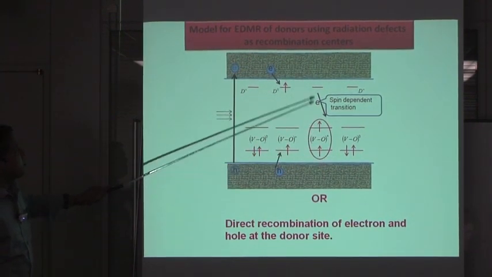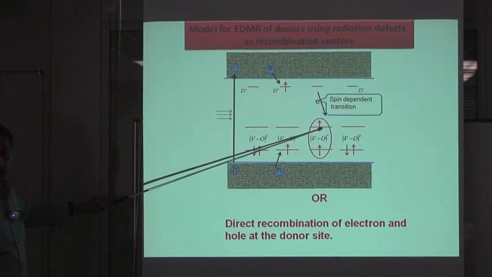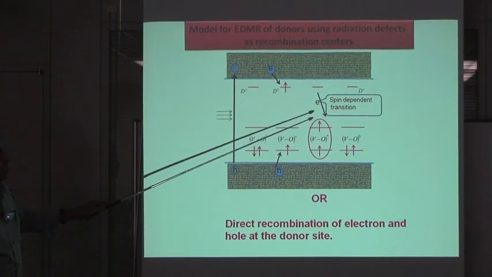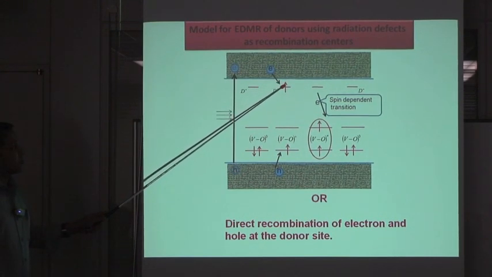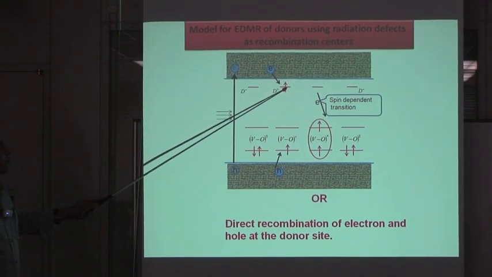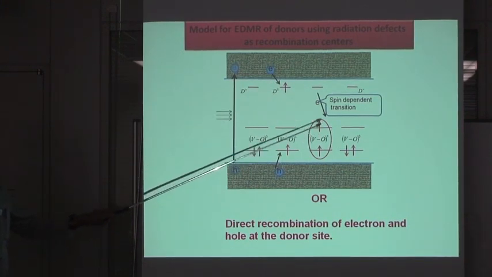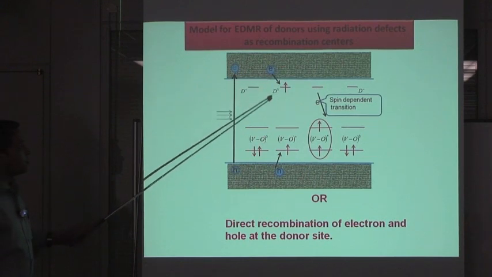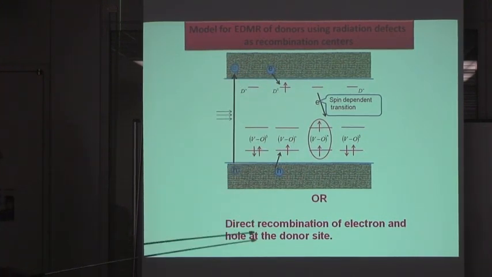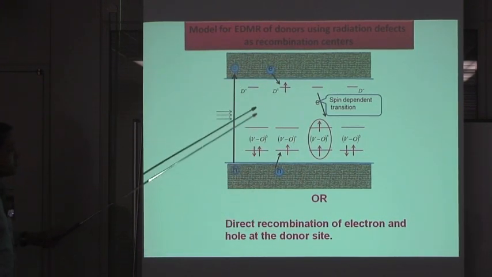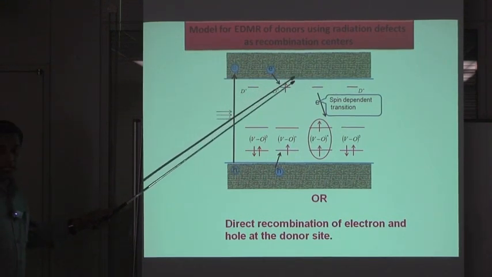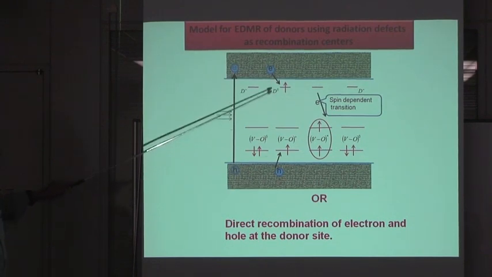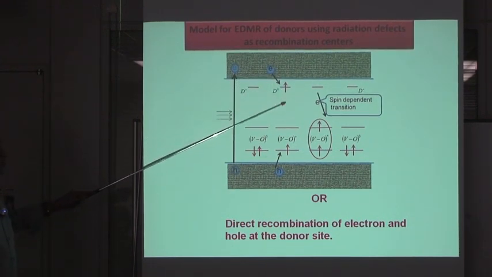This state can be formed either by directly capturing the electron, or by the transfer of donor electrons. As we can also see the donor electron in our signal, this transfer from the donor to this level might be one of the reasons, and it might be a spin-dependent transition. The other possibility is direct recombination of an electron and a hole at the donor site: you capture one electron, then the hole is captured, which forms a pair, and then they recombine.